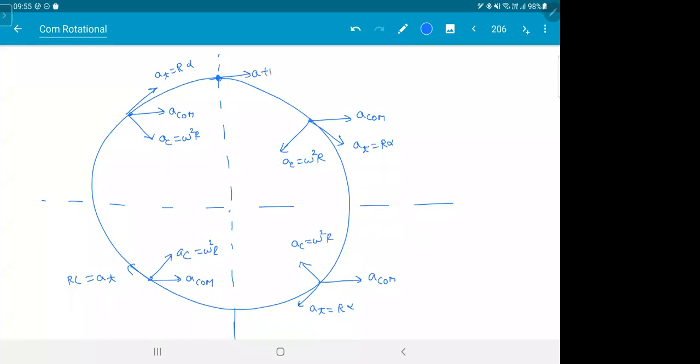A plus R alpha and A centripetal. Bottom it will be A minus R alpha. I'll write it with red. Same thing, I'm just taking some special points here. And this would be A centripetal. Got it? So every point will have three accelerations.